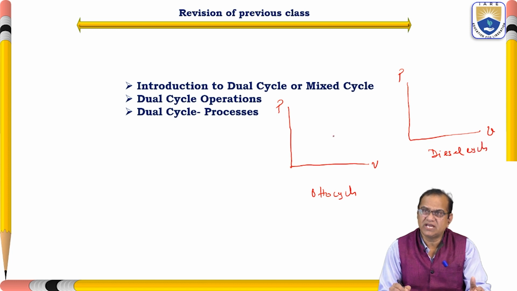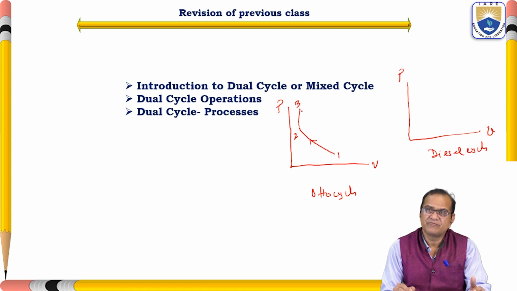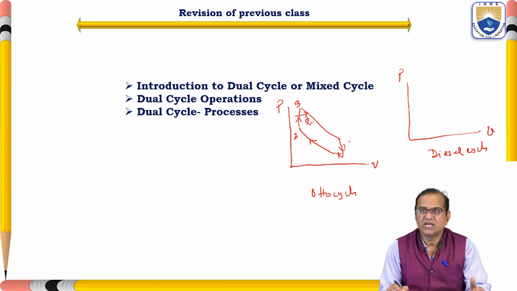cycle. So if you see here, 1 to 2 is an isentropic compression, 2 to 3 is isochoric. This is the isochoric heat addition, that is Q in. From here it goes like this, and from here to here it is isochoric heat rejection, or this we can write as Q out.